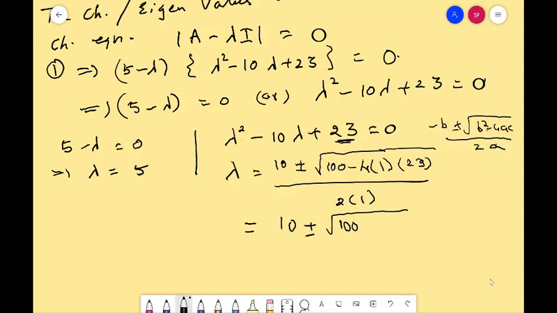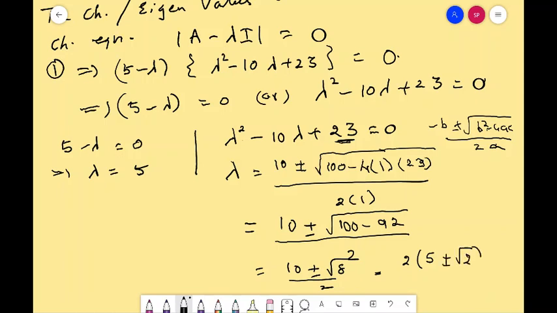You have here 100 minus 92, by 2. So this is equal to 10 plus or minus under root 8 by 2, which is equal to 2 into (5 plus or minus root 2) by 2.